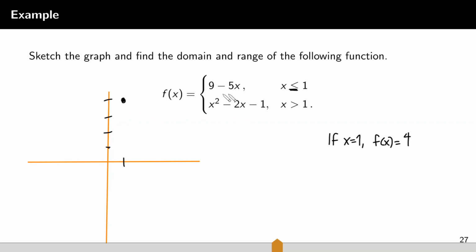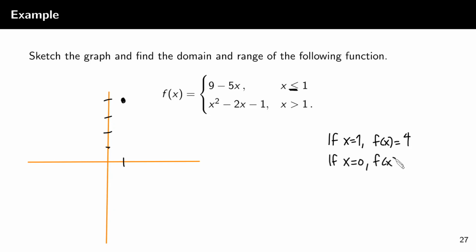So straight line lang ito. All we need to do is get another point and then connect the 2 points. Well, pinakamadali yung 0. If x is equal to 0, f of x is equal to 9. So let's plot 9. Okay, so x is 0, y is equal to 9. Let me just extend our y-axis. And 1, 2, 3, 4, 5, 6, 7, 8, 9.